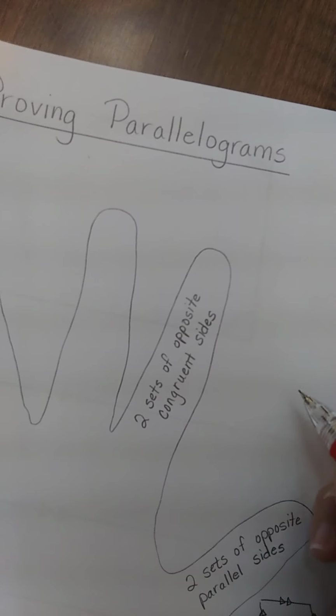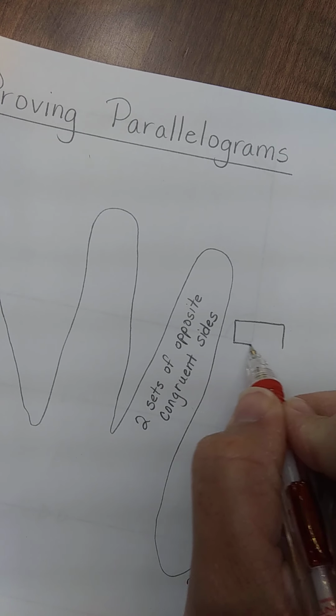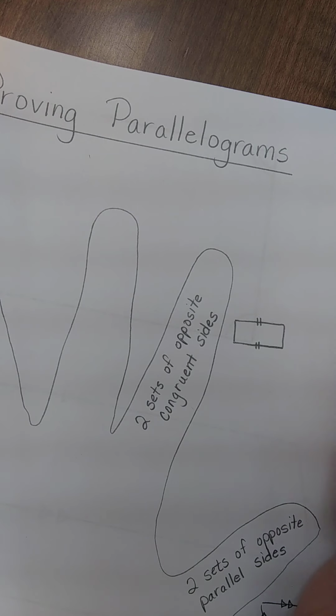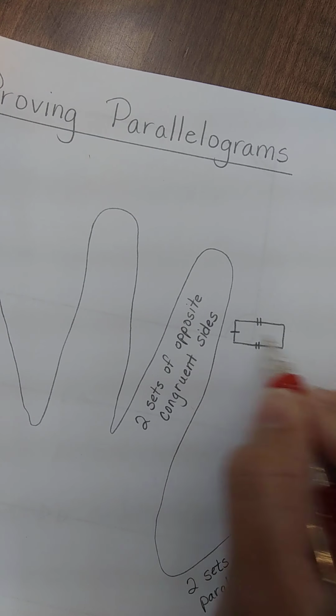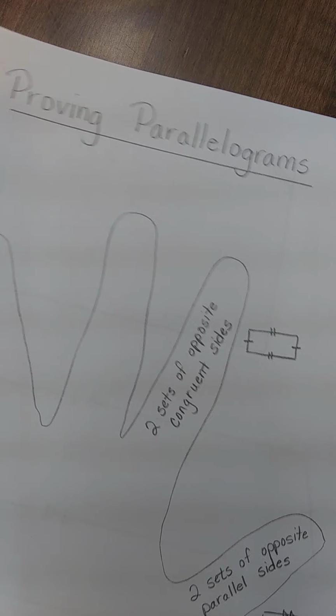So in its diagram, the opposite sides will be the same length. So the 2, in this case, longer sides, and then the 2 shorter sides, but you have to have both pairs marked as opposite congruent sides.